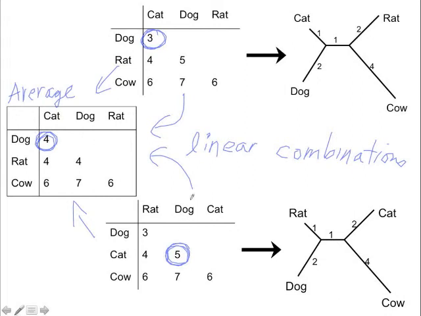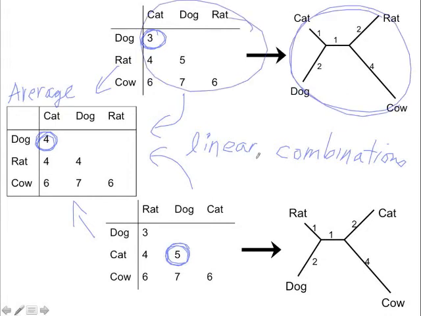And then the question is, well, now we no longer have a perfect tree. Most distance matrices, if you just take an arbitrary distance matrix, are not going to give you this perfect additive tree right here. And if we do this linear combination from these artificially created things, it's unlikely to create a nice, perfect tree from it. So what should we do instead?